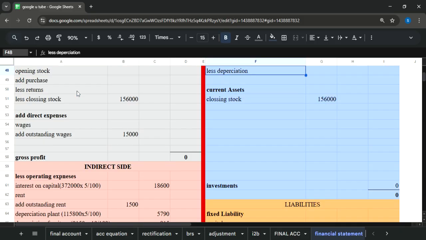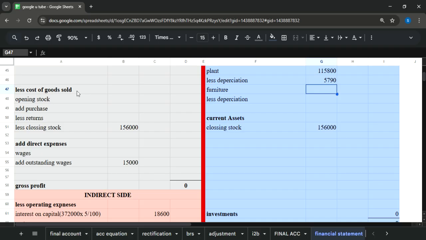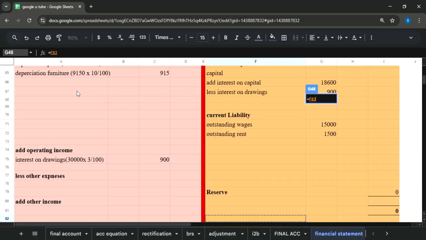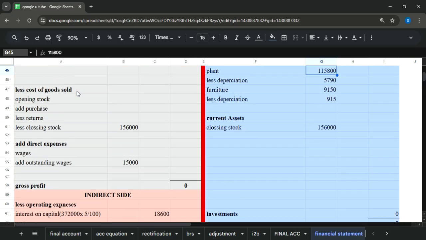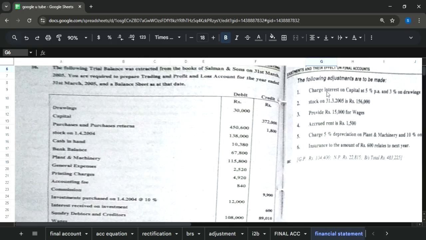We will write over here 9150, and you have calculated its depreciation, 915. So again, when we start our calculation, we will subtract this depreciation from furniture. Step by step we are moving forward. We have completed the fifth adjustment. Now we are following the sixth one.